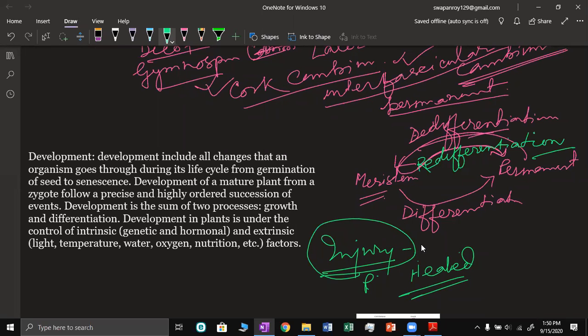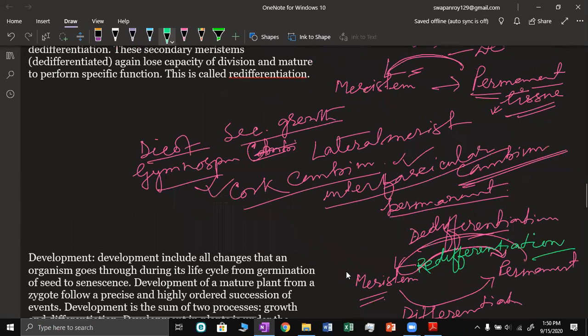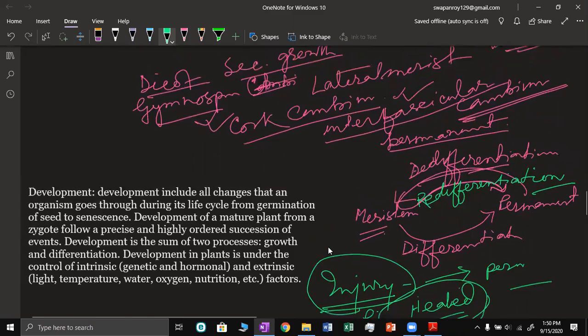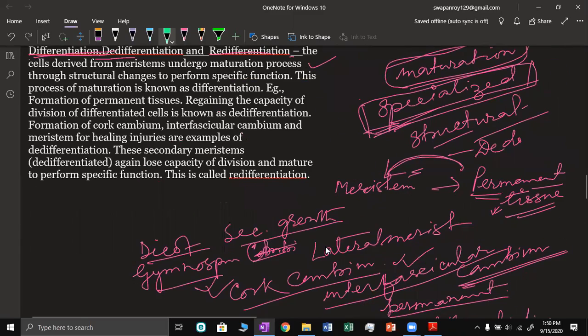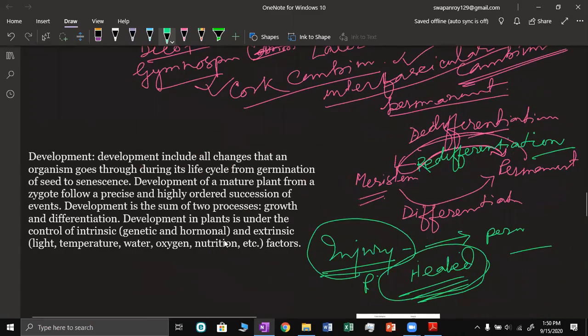They will heal that part, and once the healing is complete, those neighboring cells again become permanent. So this is called redifferentiation. These things are used a lot in tissue culture also. Okay, so differentiation, redifferentiation.